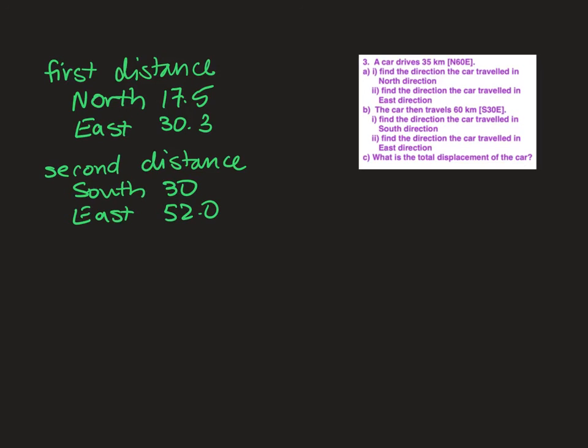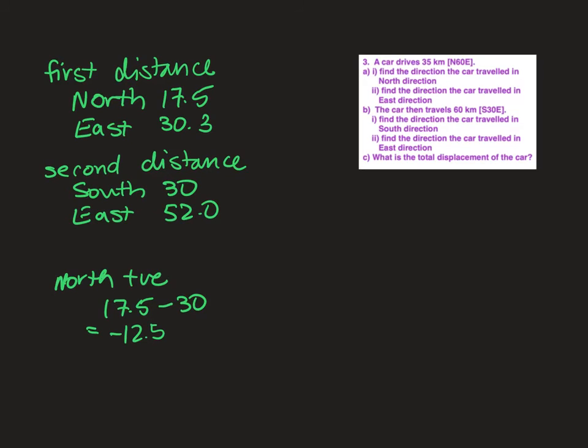If I think of north as being positive, plus ve, remember that's the sign for positive, then I went 17.5, and then I'm going to have to say I went down 30, and I'll use the negative sign there to show that it's in the opposite direction, negative being south. And when I do this, I'm going to get negative 12.5, saying that my net movement is 12.5 in the south direction.